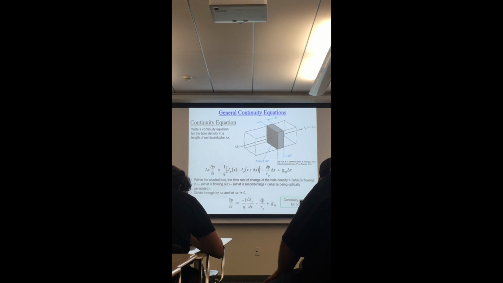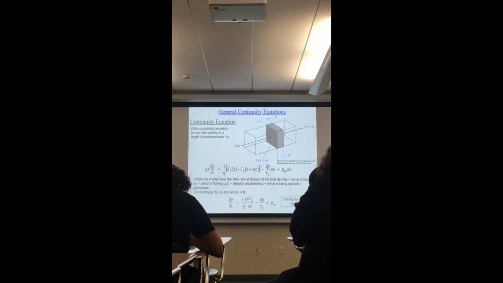Right. So here, these are the general continuity equations we discussed in the last lecture. So we are interested in how this carrier concentration changes with time in this shaded box, right? So basically, several things can change the carrier concentration inside this box.